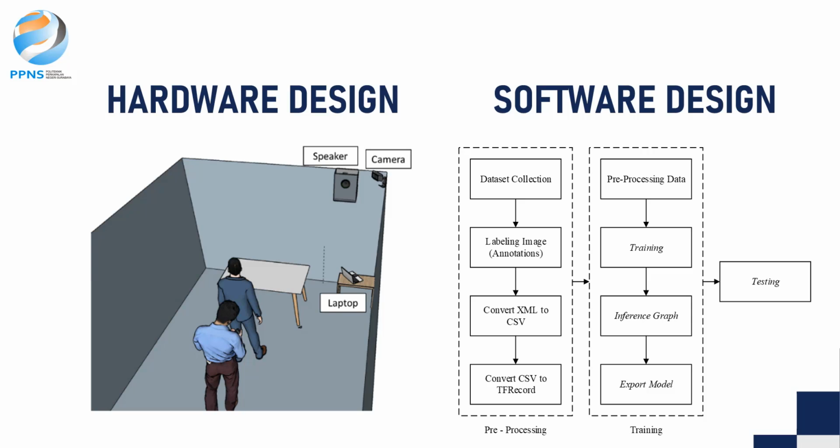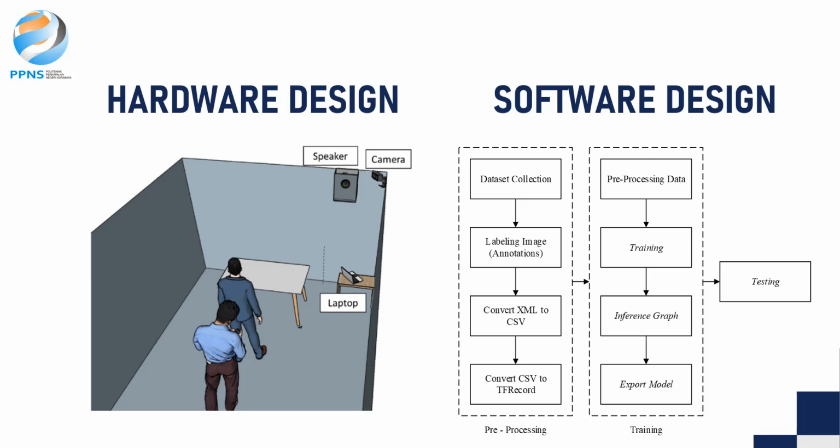The first is dataset collection for Faster RCNN training. The second is labeling the images, and then the next step is converting XML to CSV, and the last for the pre-processing stage is converting CSV to TF record.